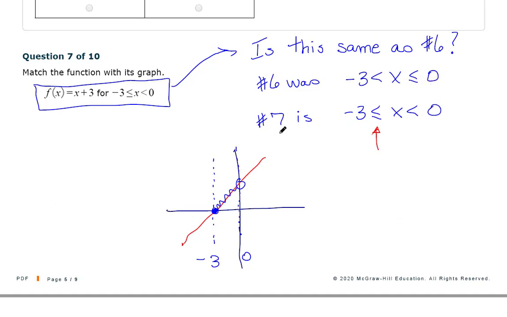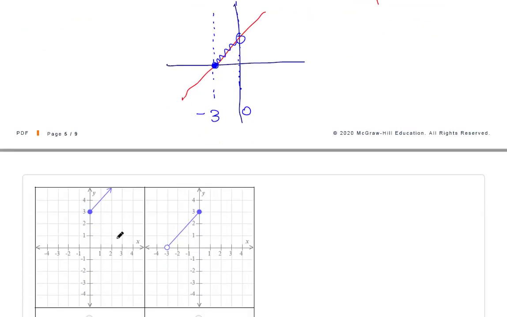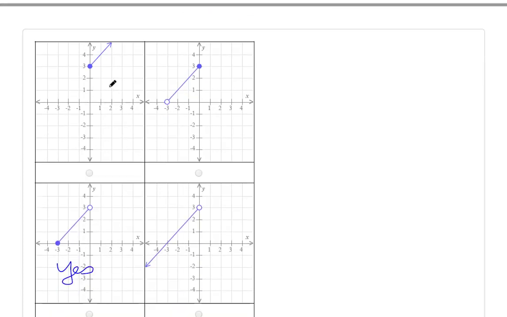Yes, here is the same, very similar, but now the equals is on the minus 3. The open dot is on the 0. So yes, it looks very much like 6, but where the open and closed dots are is reversed. So no, no, yes, it is that one.